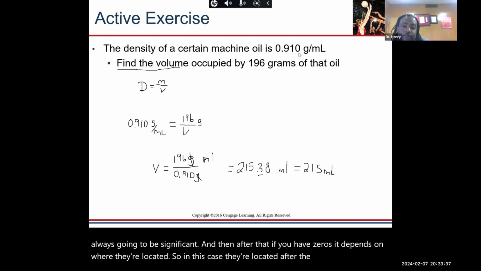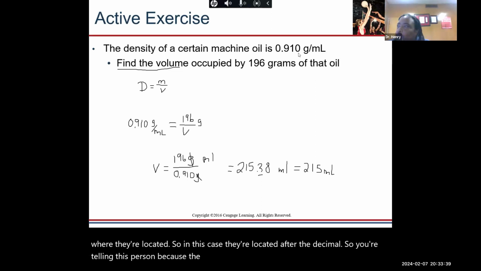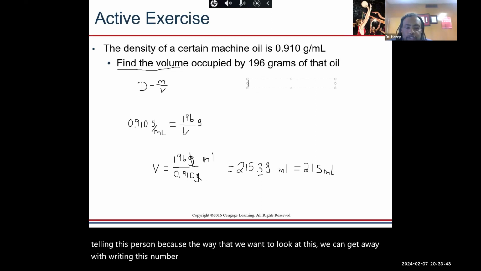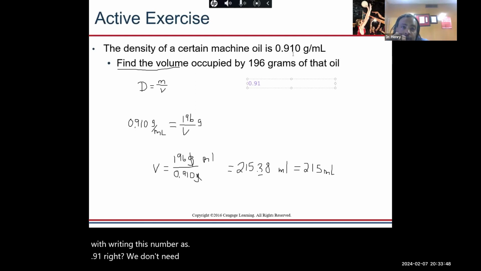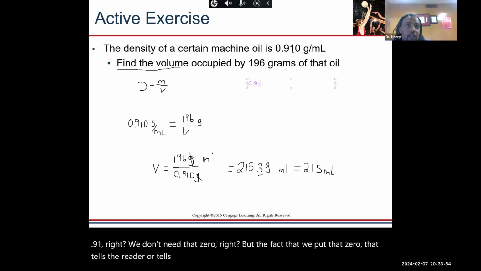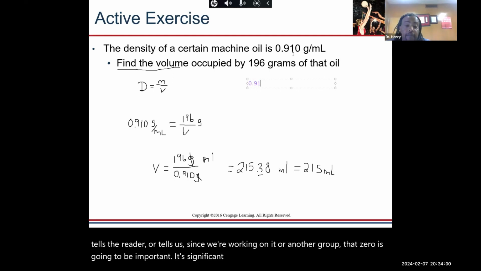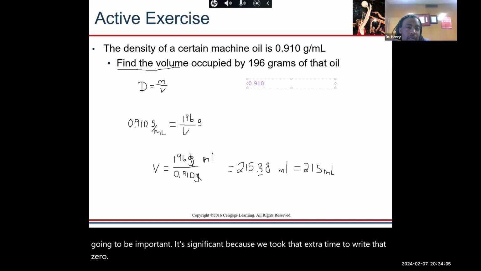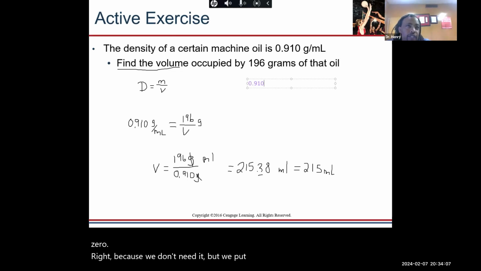We could get away with writing this number as 0.91, right? We don't need that zero. But the fact that we put that zero tells the reader, or another group, that that zero is going to be important. It's significant because we took that extra time to write it, even though we don't need it.